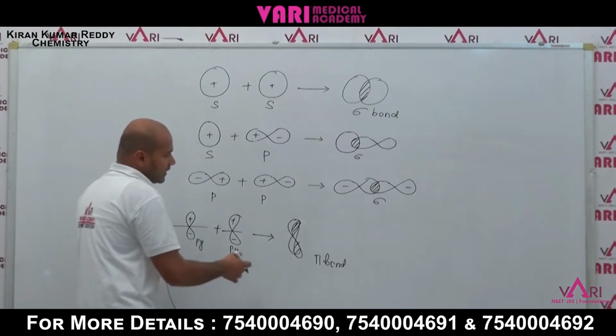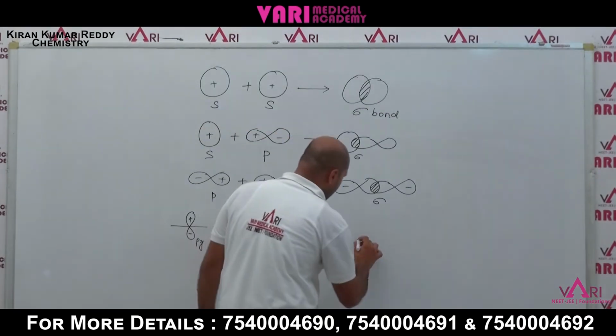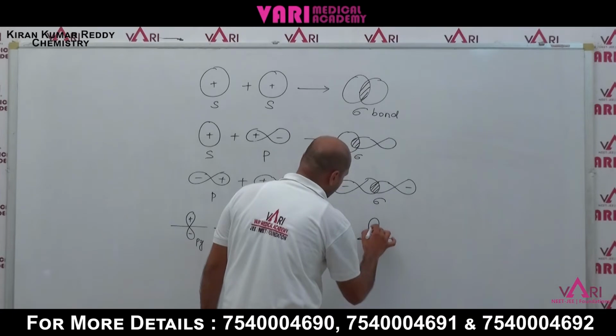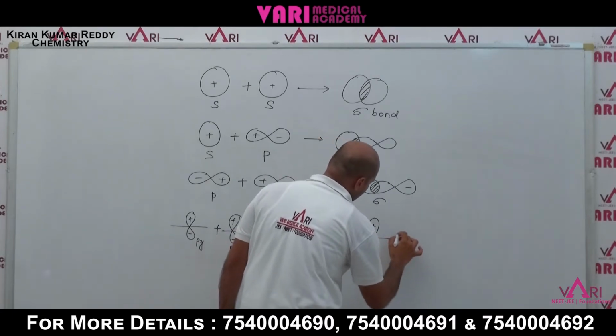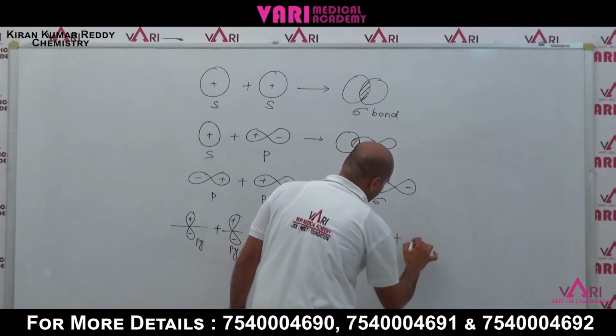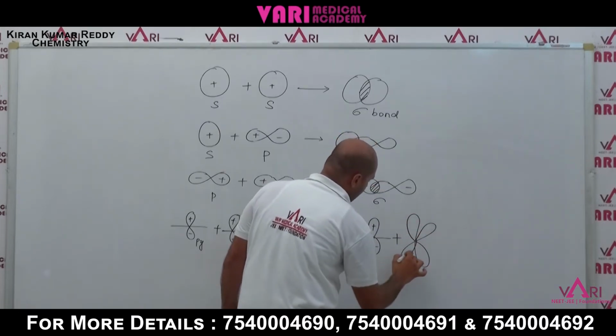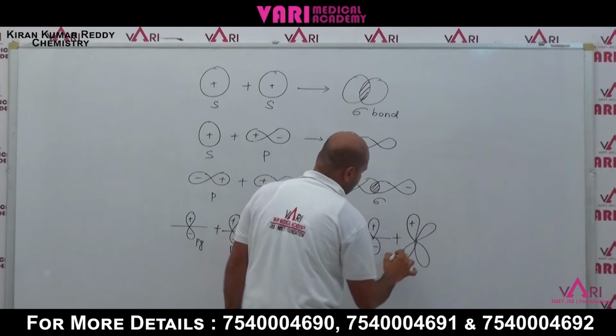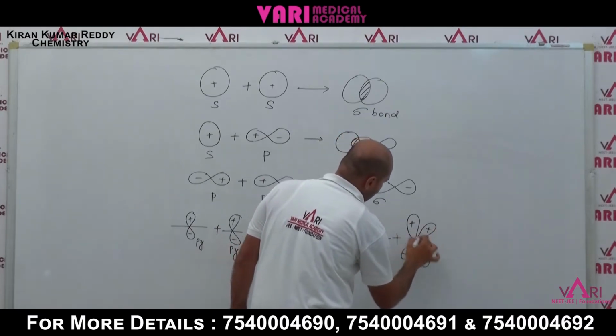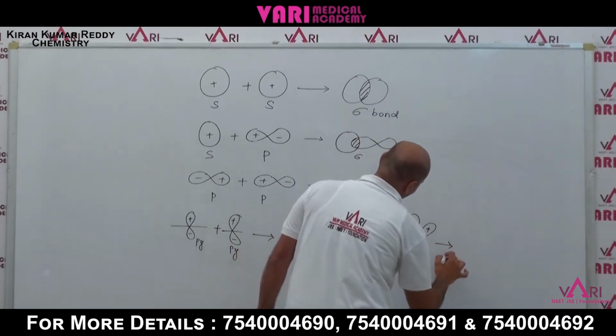Here is p-p. Next, I am taking a p orbital, plus minus, and here also plus. Here I am taking a d orbital, one of the d orbitals, minus here, plus here, plus here, minus here. They are overlapping.